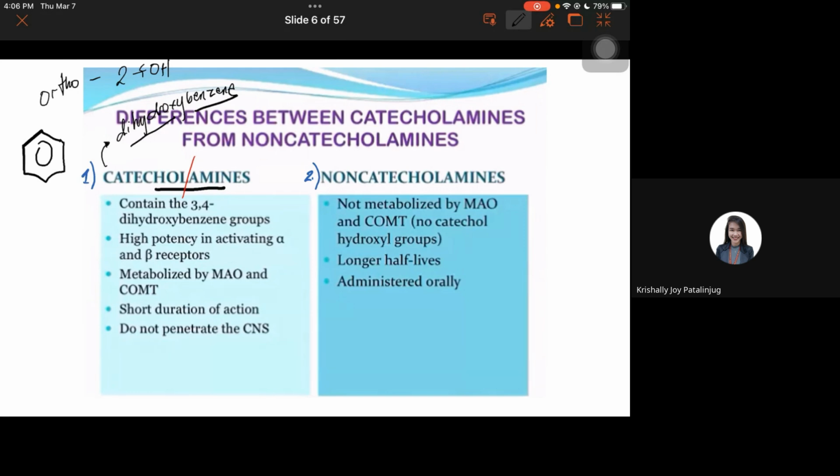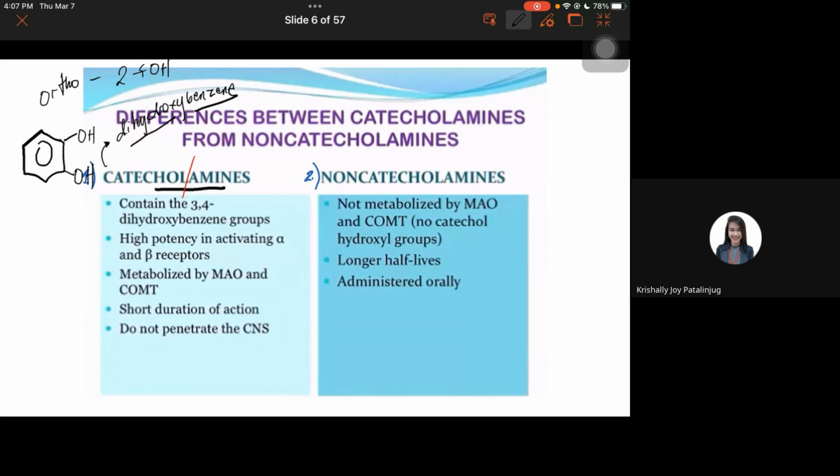I know you are familiar with this prefix pertaining to position. Yes, correct. The positioning when it is ortho is 1, 2, meaning adjacent. So the two OH groups are next to each other. So that is the catechol.